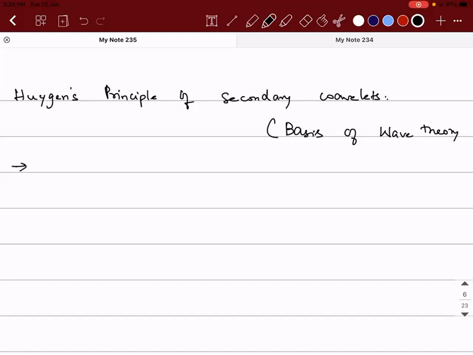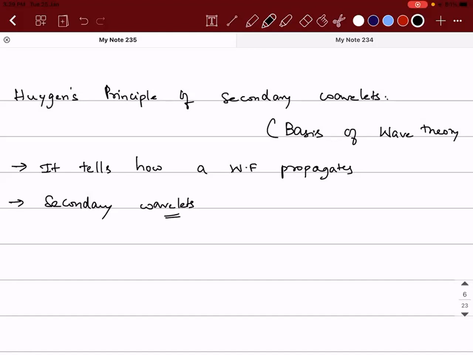So basically what does it tell us? It tells how a wavefront propagates. And secondly, it talks something about secondary wavelets. Here, the important point that you need to understand is wavefront is different from wavelet. Listen to this carefully, you get the answer.